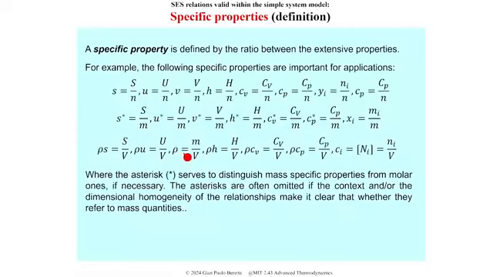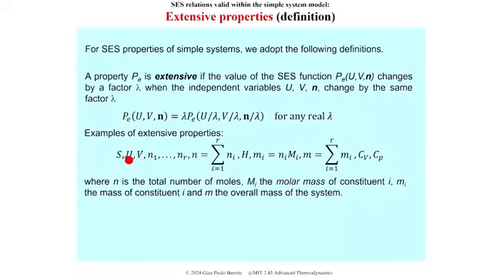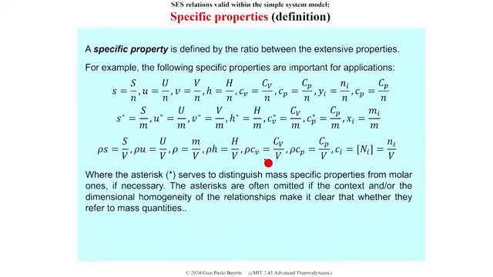Okay. Now, if I take any two extensive properties and take the ratio, I obtain specific properties. So, for example, the first line here represents the specific properties when I divide.